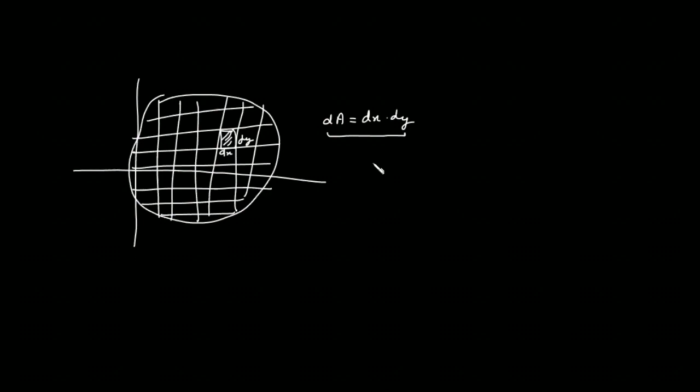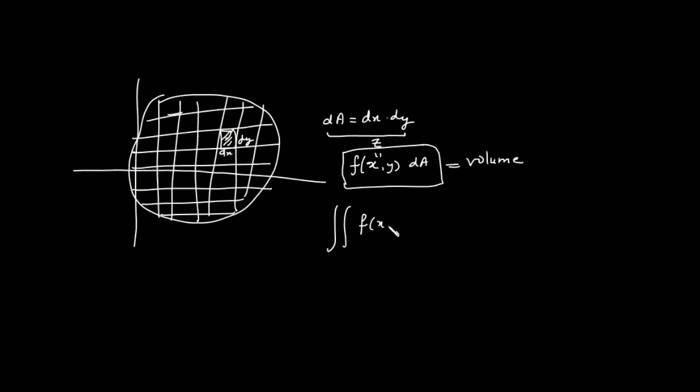Then we multiply this dA with the value of the function at this point. Then this will become f of x y, which is z. This will become the height. When you multiply height with the area, you get the volume. And when you add all these volumes, you will get the total volume, which is the double integral of the function over the region R.